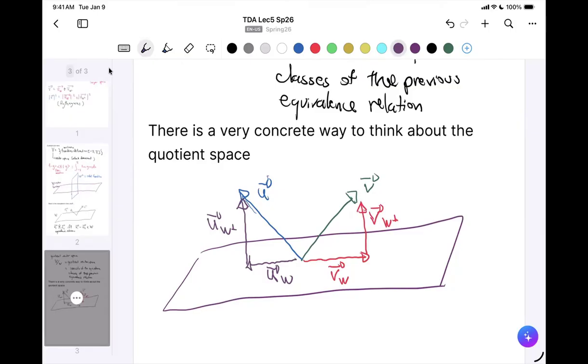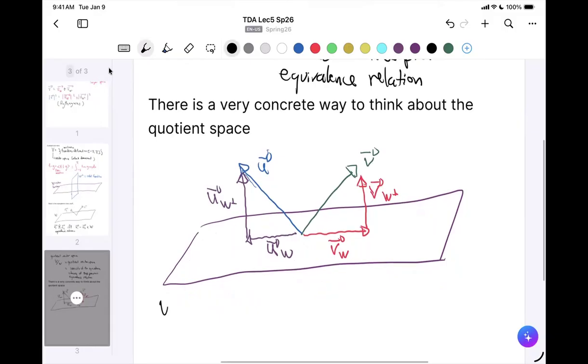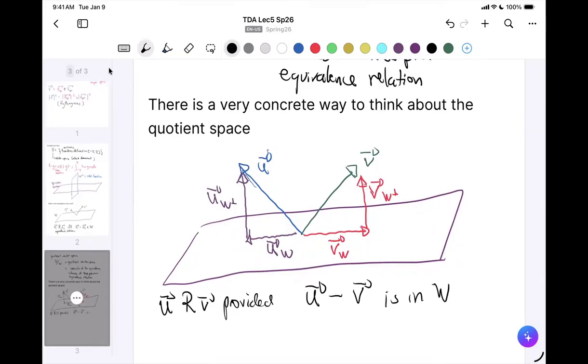So the idea is that U is related to V, provided U minus V is in W. But what is U? U, again, is the sum of these two vectors, so it's UW plus UW perp.